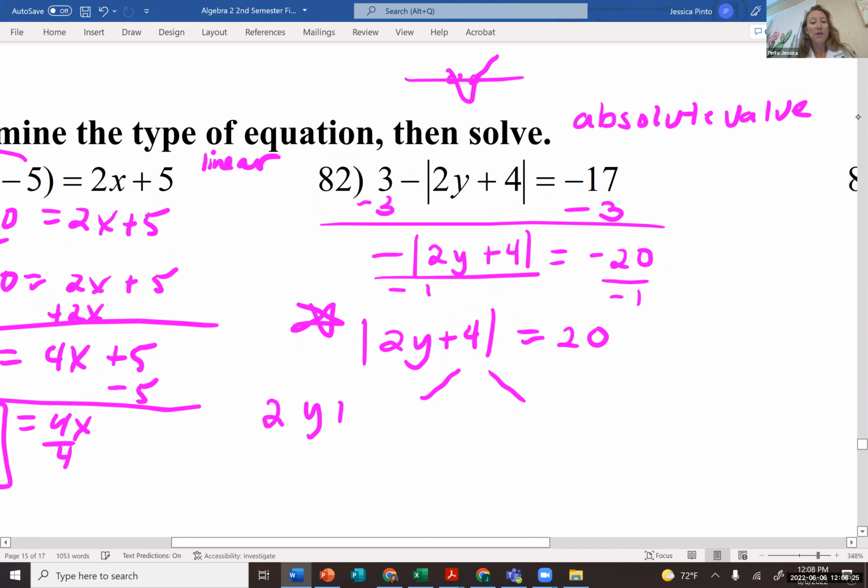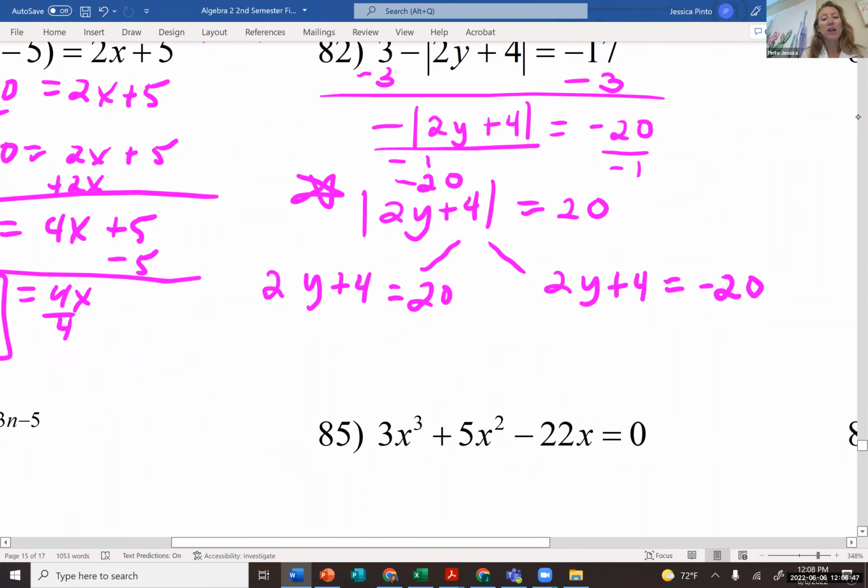That's 2y plus 4 is equal to +20 as shown, or possibly 2y plus 4 is equal to -20. But when we have -20 inside the absolute value, it evaluates to become +20 because the absolute value is the positive answer. So now I'm just going to solve both of these equations, subtract 4 and divide by 2 for both.